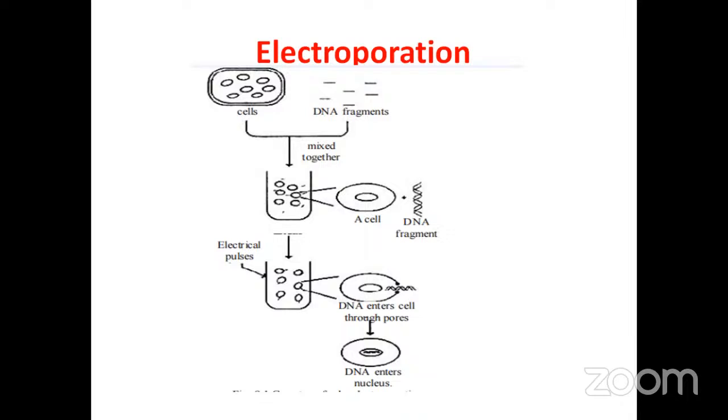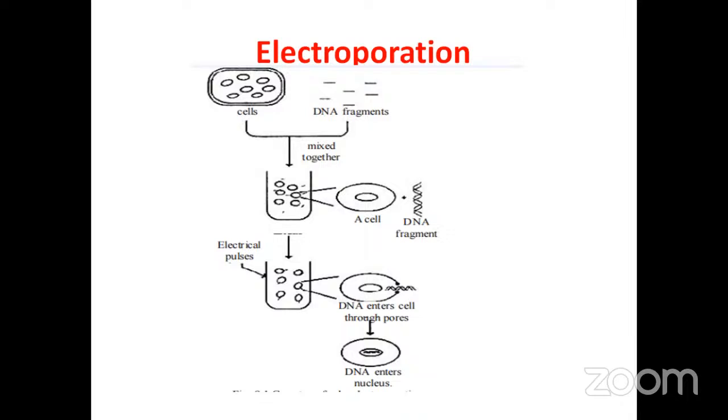In this direct method, several different methods are present, such as the electroporation method, the microprojectile method, the microinjection method, the liposome mediated method, and some chemical gene transfer methods.